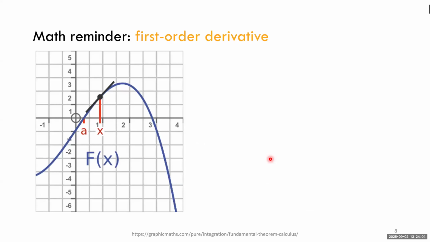All right, so we're going to jump into optimizing this likelihood function. I wanted to do a quick reminder of what a derivative is, and also why you'll see in some slides that we're setting it to 0. Simply put, the derivative of a function is just the slope at every point.